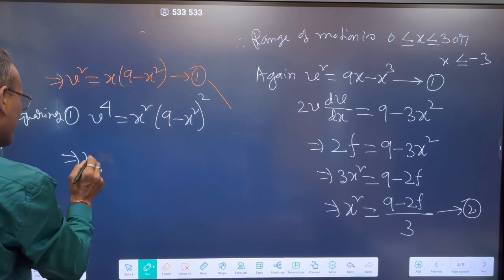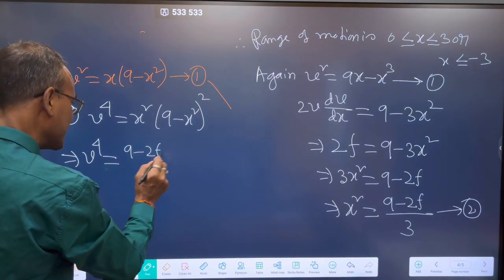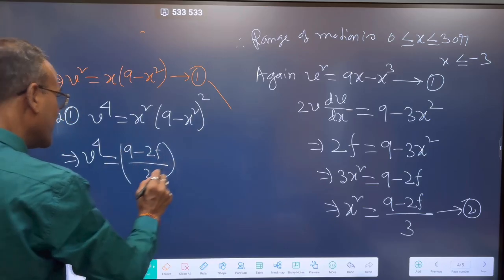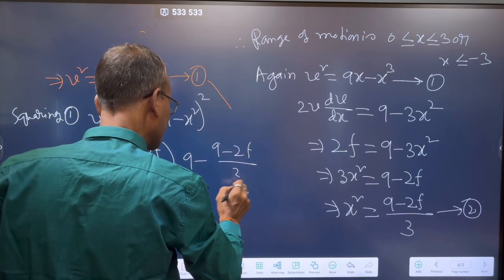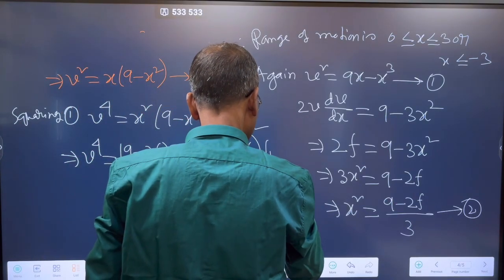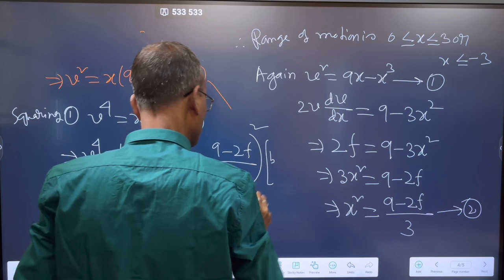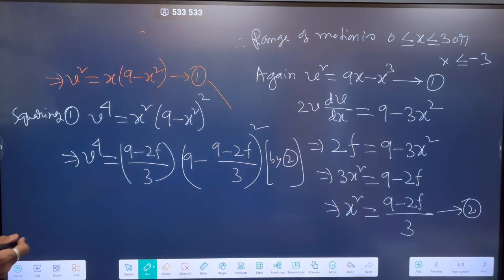This means v to the power 4 equals 9 minus twice f divided by 3, into 9 minus twice f divided by 3 whole square. Using 2 we will get this one.